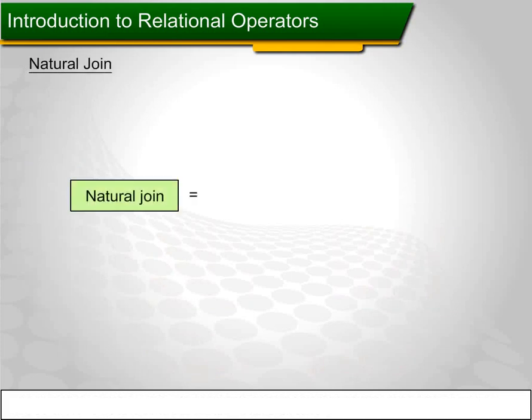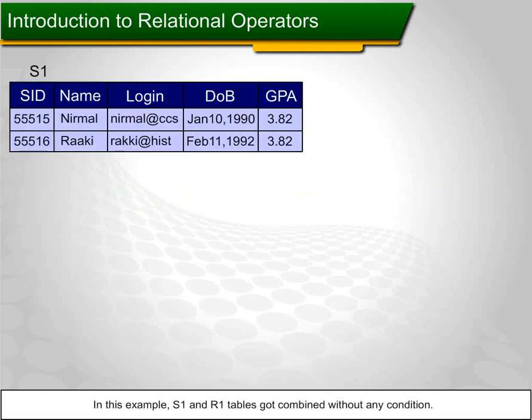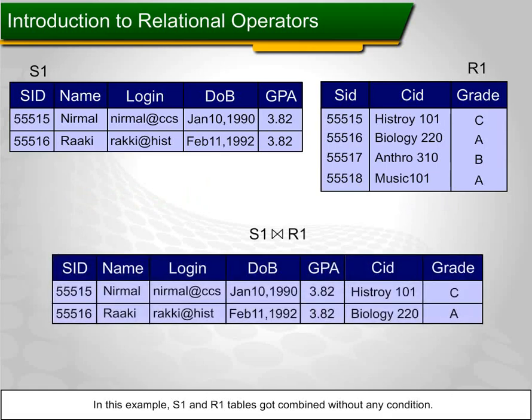Natural join. Natural join is equal to equijoin plus projection. The join checks for equality of values of common attributes, that is columns. In this example, S1 and R1 tables got combined without any condition.